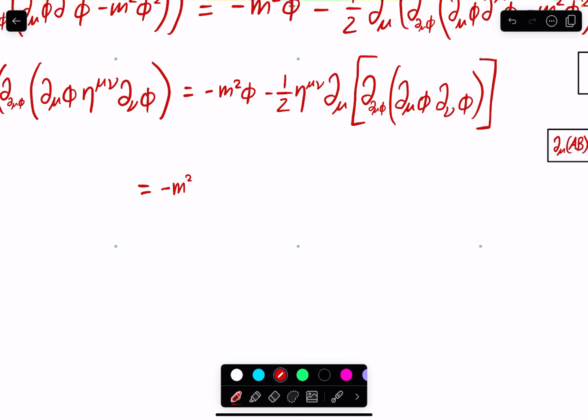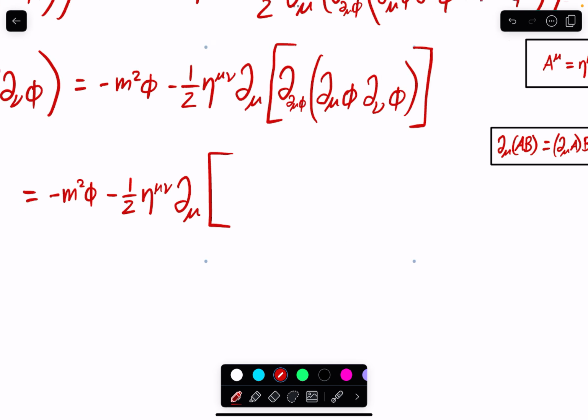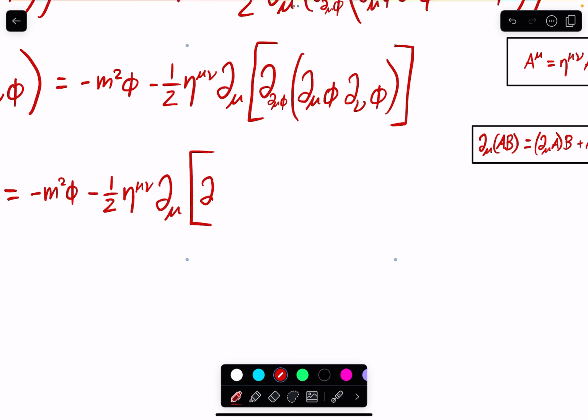Minus m squared phi minus 1/2 Minkowski metric partial mu, then we get partial nu phi of this, plus.